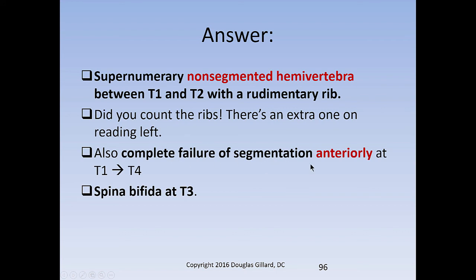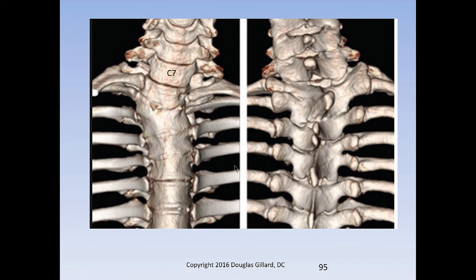Complete failure of segmentation anteriorly. So what's a complete failure of segmentation? That's a block, so the author's calling those blocked. Yeah, I guess I would agree with that. That's better than a bone bar. I was looking here, but really the disc, it does look like a block now. So, okay, I'll buy that.